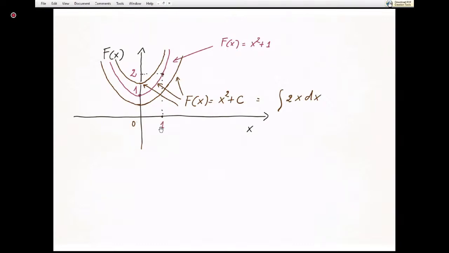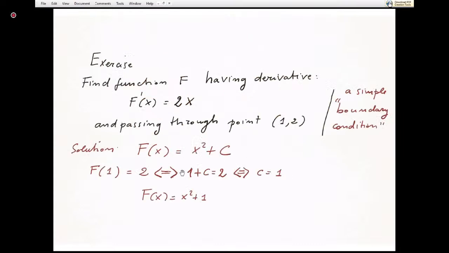How can I do that? I want that parabola to pass through point 1, 2, so F of 1 must be equal to 2, where F is capital F, the solution to my integral. F of 1 is 1 plus c, and this is equal to 2, and this means that c must be equal to 1. So selecting one parabola among the infinitely many means finding a particular value of c.